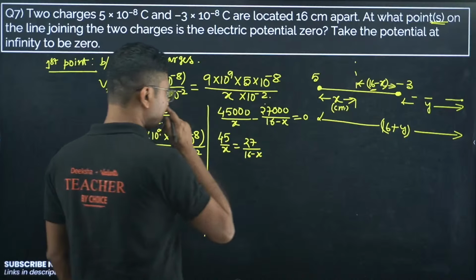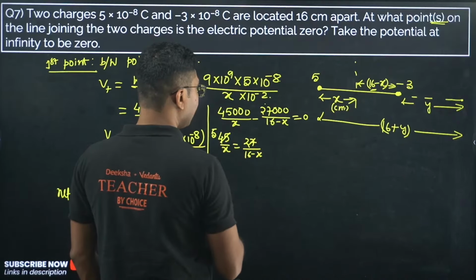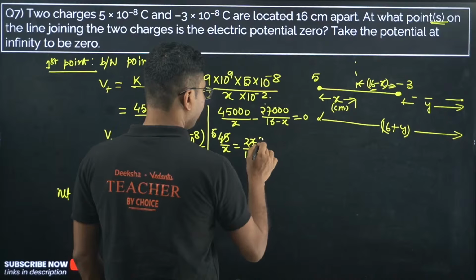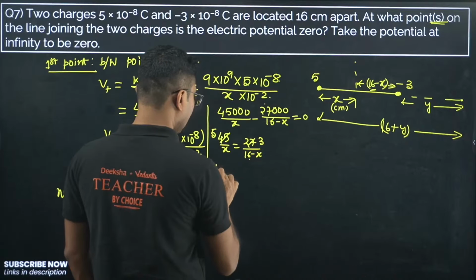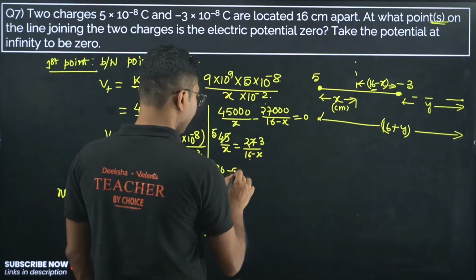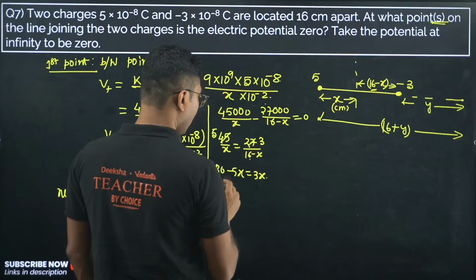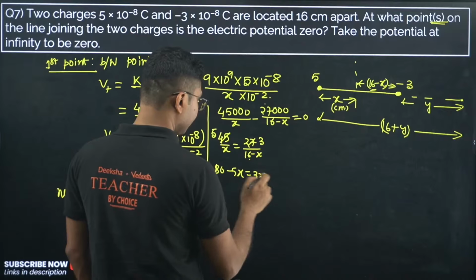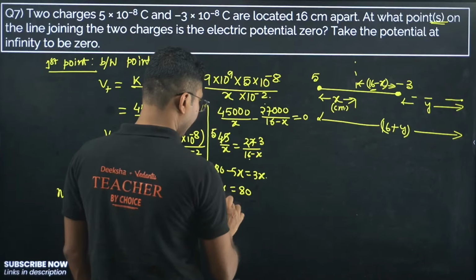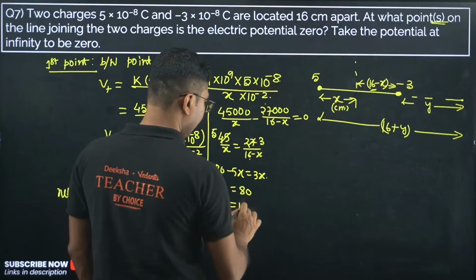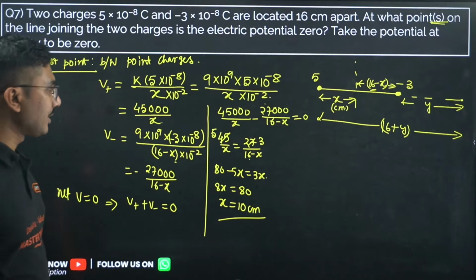Now let's simplify: 5 and 3. Now cross multiply. 5 16s are 80. So 80 minus 5x equals 3x, or 8x equals 80, or x equals 10 centimeter. So x equals 10 centimeter is the answer.